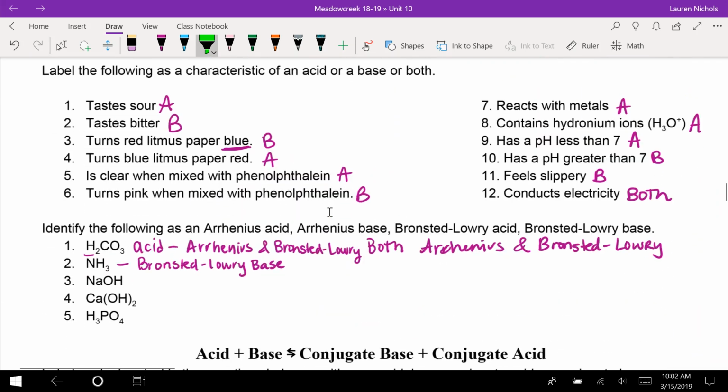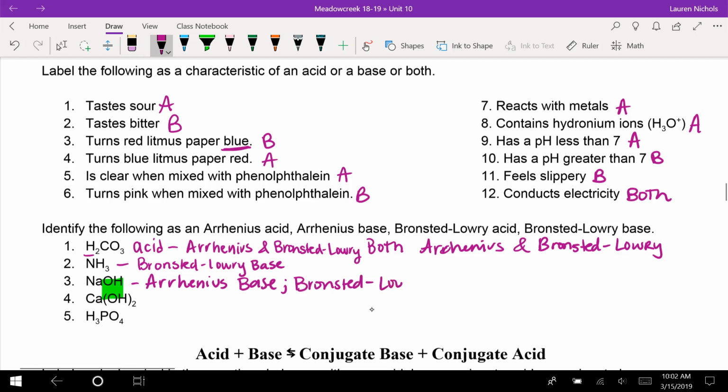So NaOH has hydroxide in it, and so that means it is an Arrhenius base specifically because of the OH, but it could also be considered a Bronsted-Lowry base because that OH can accept an additional hydrogen.